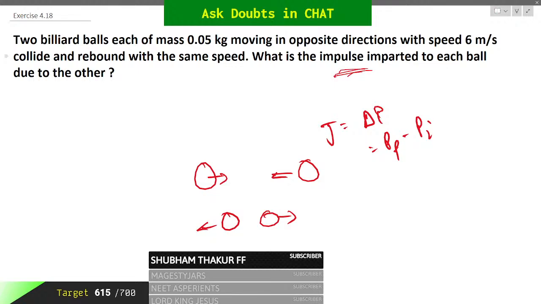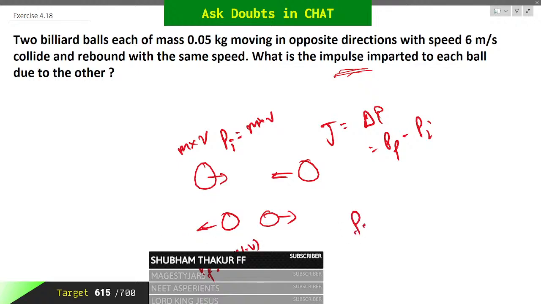So let us assume that the mass was m and the velocity was v in this direction, which is the positive direction. So the initial momentum P initial for this ball would be m times v, and the final momentum P final would be m times minus v, because the direction has changed.